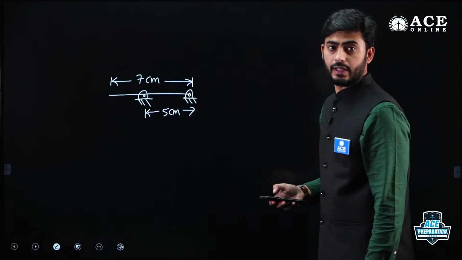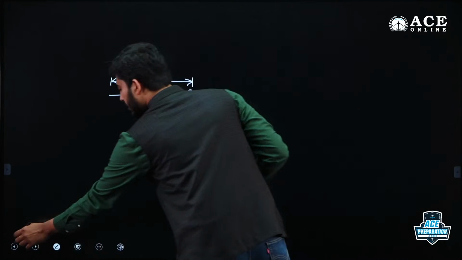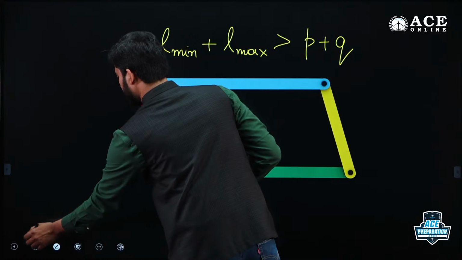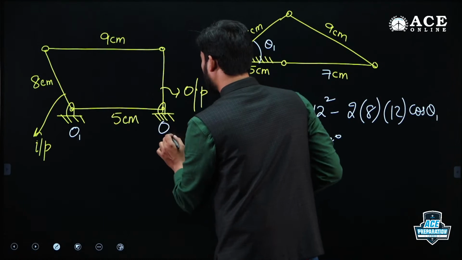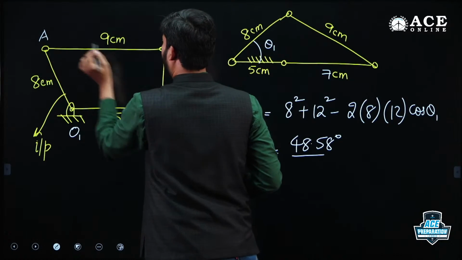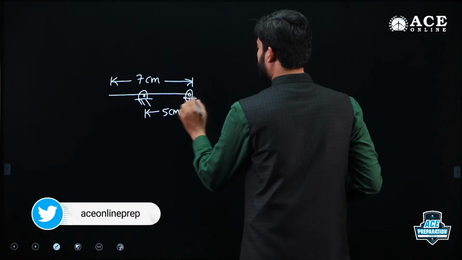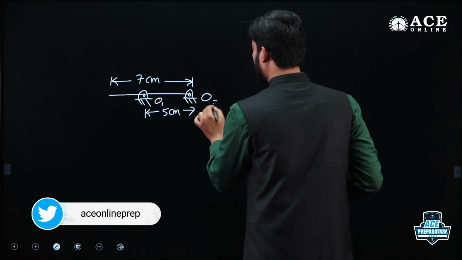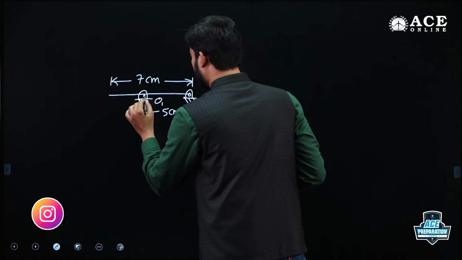Let me write the numbering here. This is O1, O2 and this is A and B. Right, and from O1 there will be the input link.